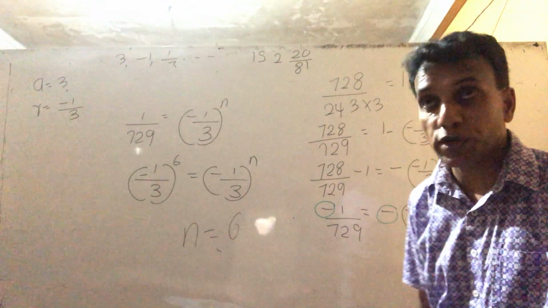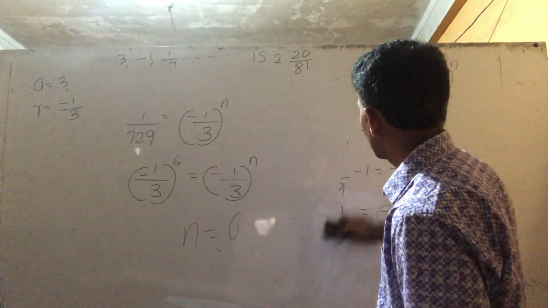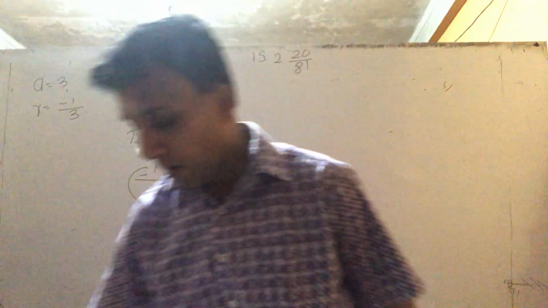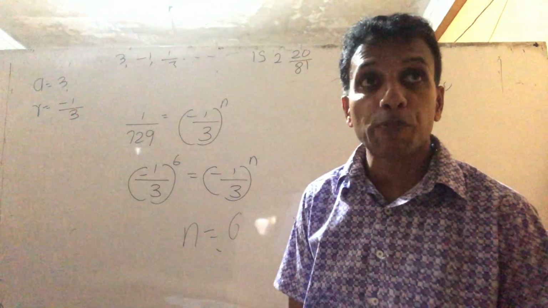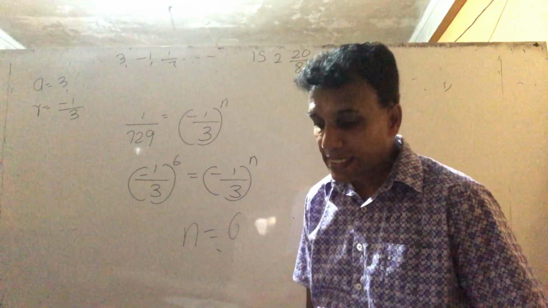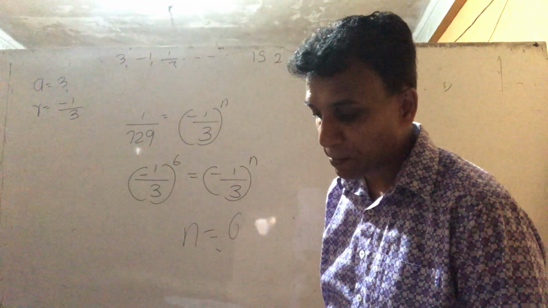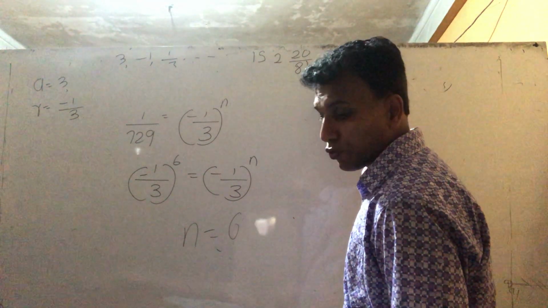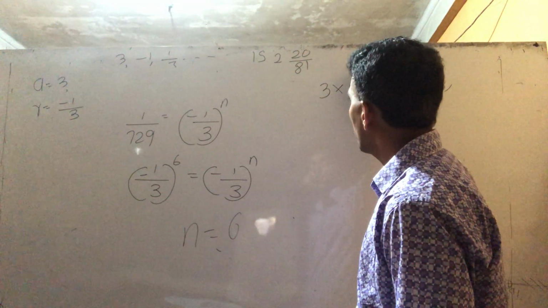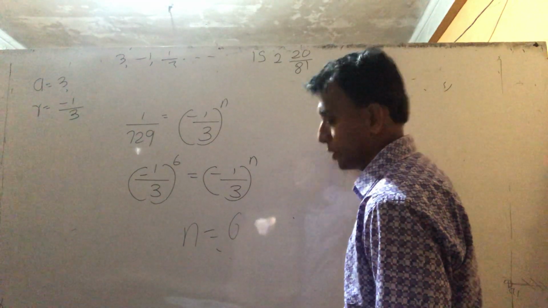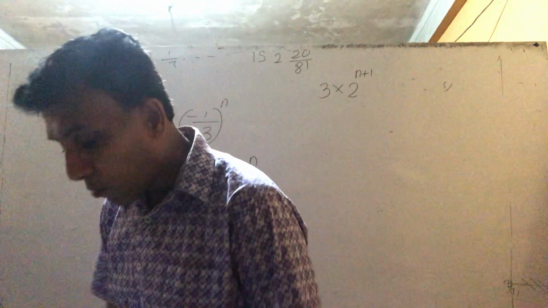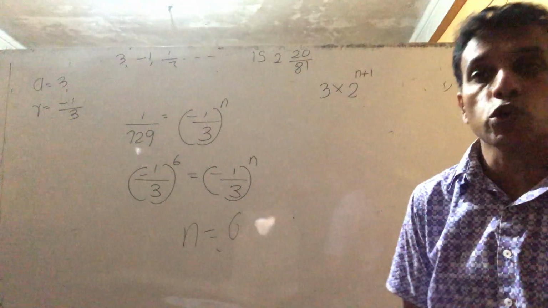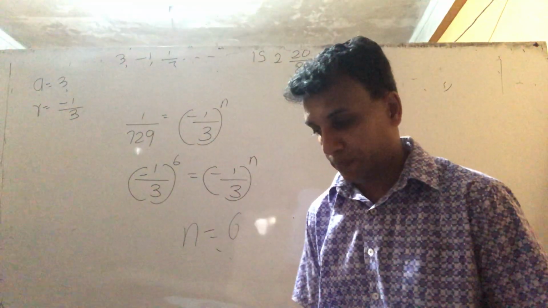For the 5th question, today's 5th problem, write this. The nth term of a progression is 3 into 2 to the power n plus 1.